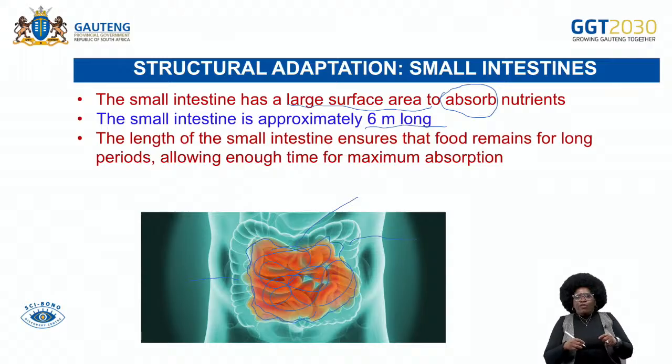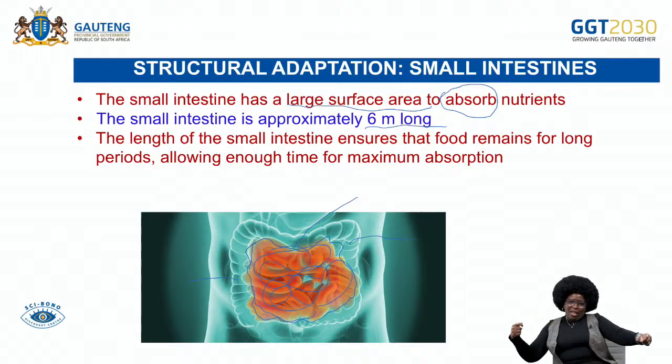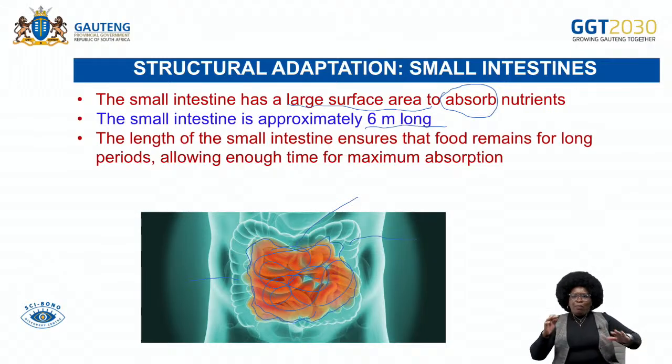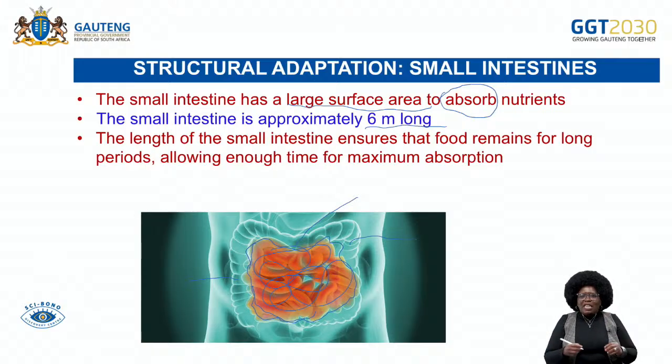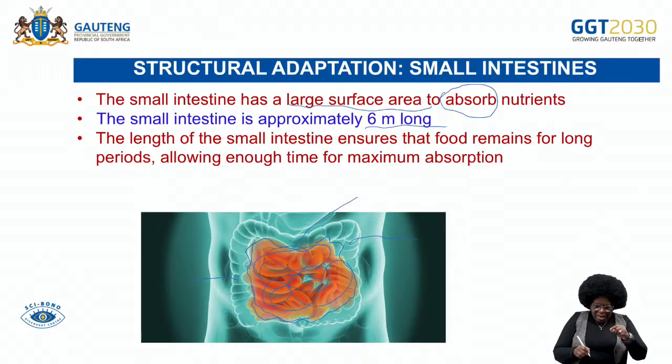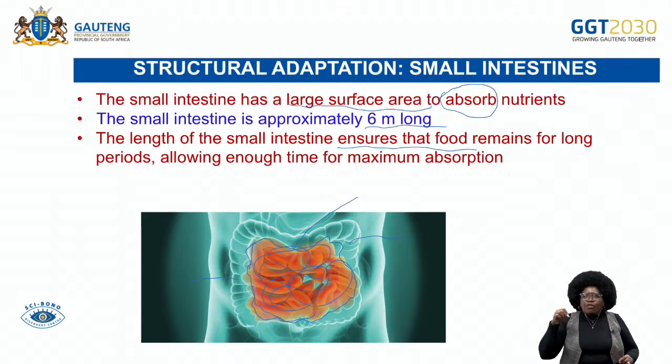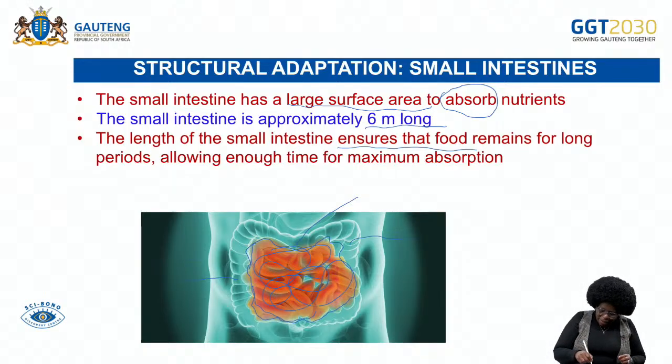If we were to stretch these small intestines, they would give us plus minus 6 meters. The reason for this length is that it ensures that food remains for a long period, allowing enough time for maximum absorption.